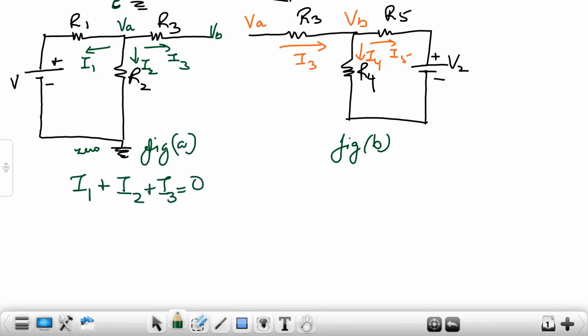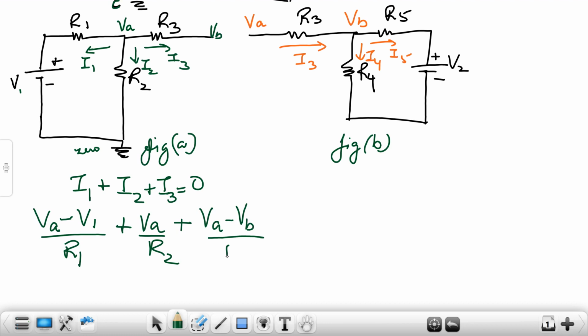If you consider I1, what will it be? VA minus V1 upon R1, plus I2 will be VA upon R2, plus I3 will be VA minus VB upon R3, is equal to 0.